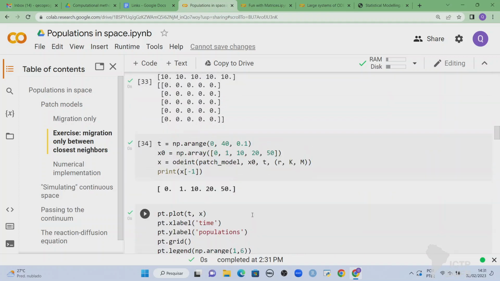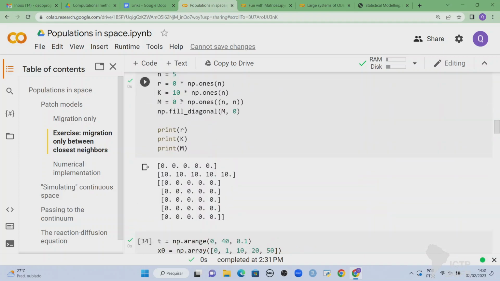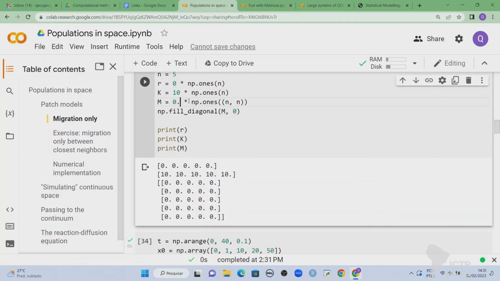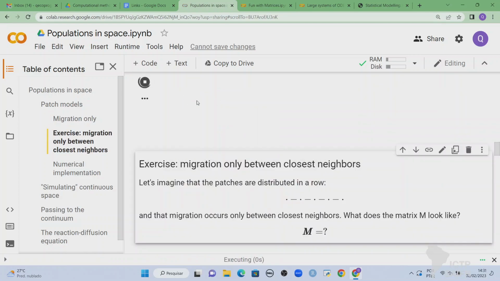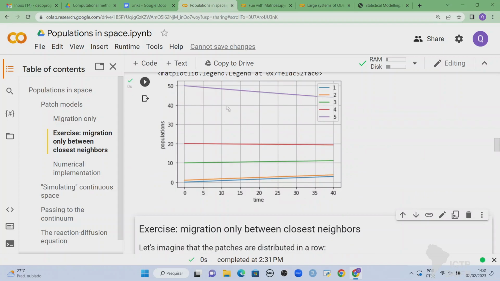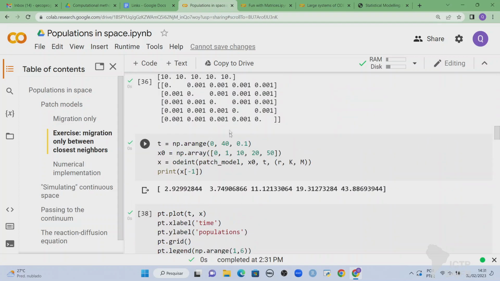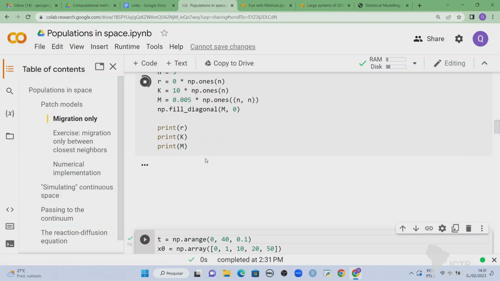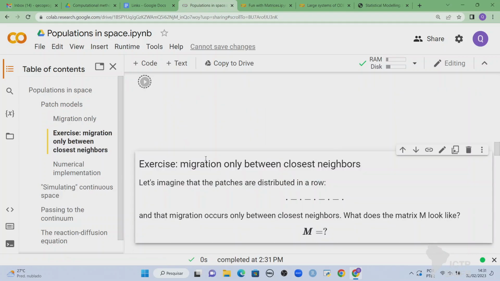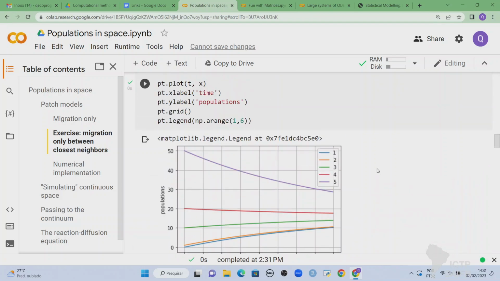If I put a very small m, maybe 0.001, they are changing, but very, very slowly. Maybe 0.001 was too small, so maybe this one. You see, they are converging to the same values as before, but at a much slower pace.